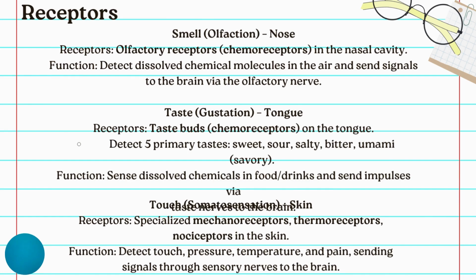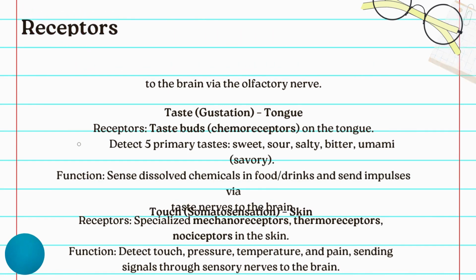And there are nociceptors, which are receptors that pick up pain on your body, for example if you get pinched or bitten by an ant or mosquito. They send those signals to the brain via the sensory nerves, so that your body is able to interpret what needs to be done.